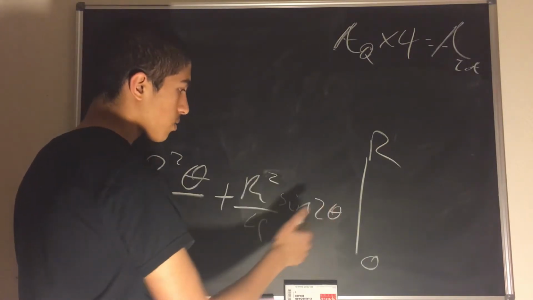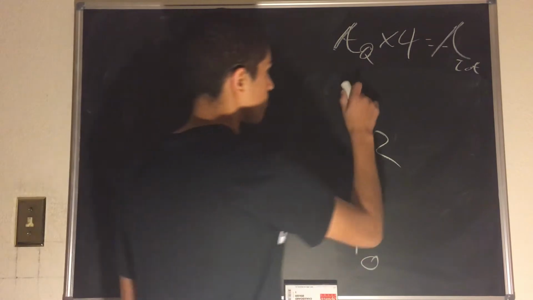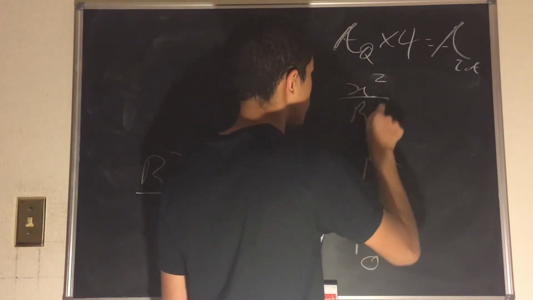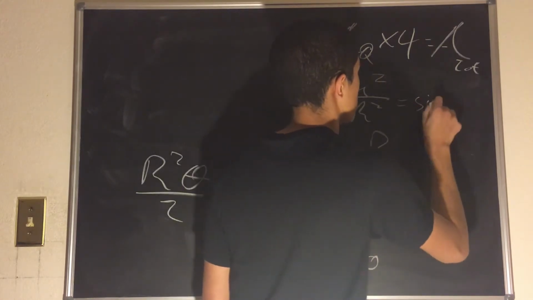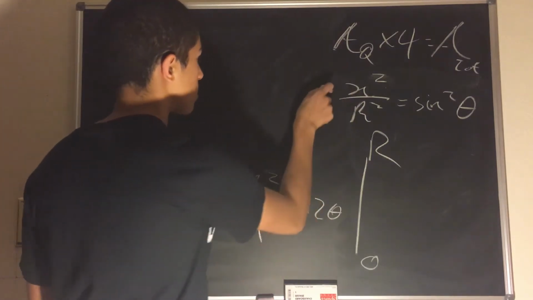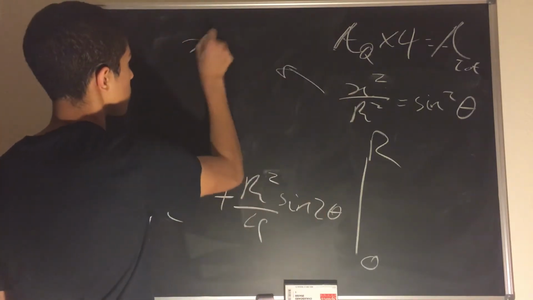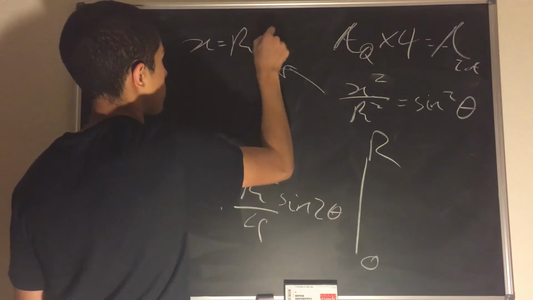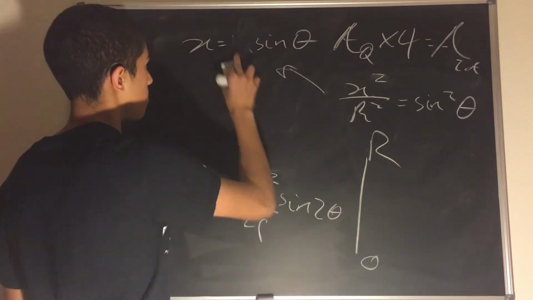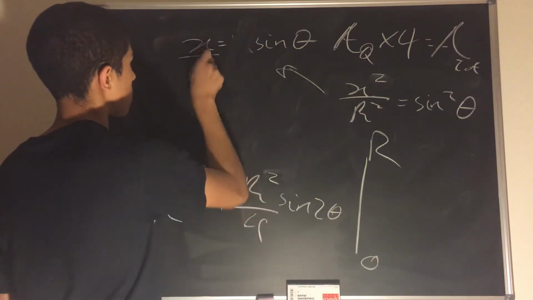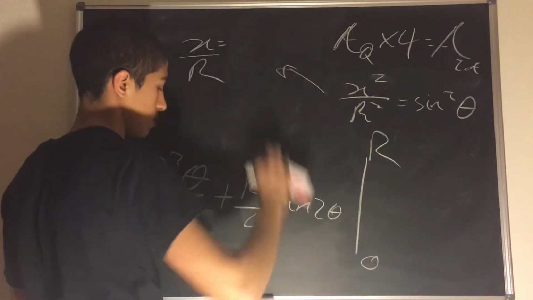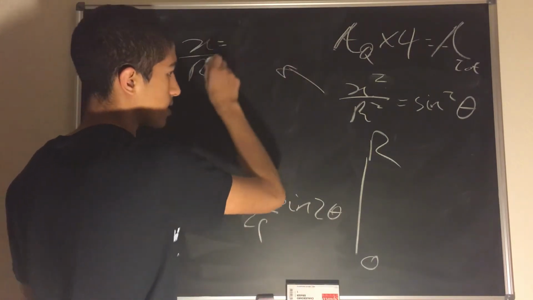So if you recall what we defined theta to be, we defined it by x squared divided by r squared is equal to sine squared theta. So this then implies that x is equal to r sine theta, and x divided by r is equal to sine theta, and then we can isolate theta by taking the sine inverse, or the arc sine.